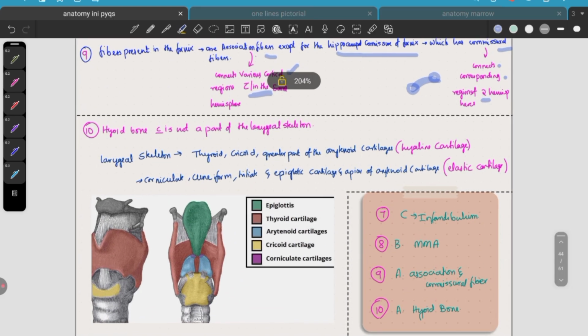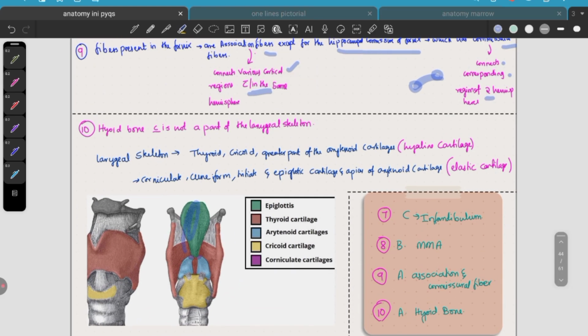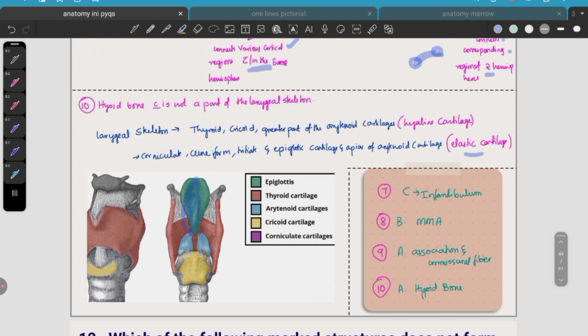You can see here, epiglottis also forms a laryngeal skeleton. Cuneiform, corniculate, and triticeous and the apex of the arytenoid cartilage have elastic cartilage, whereas thyroid, cricoid, and the greater part of the arytenoid cartilage have hyaline cartilage. All this together forms a laryngeal skeleton.